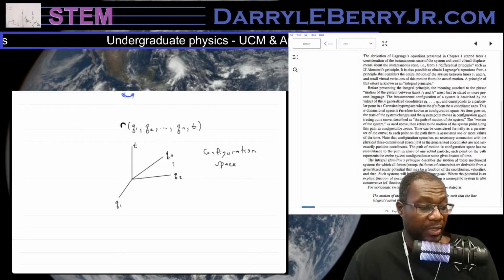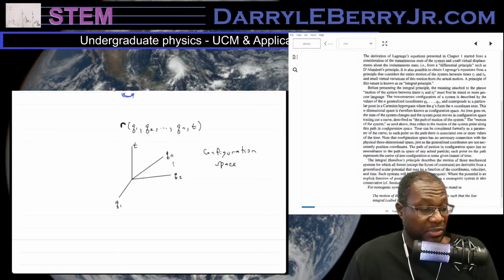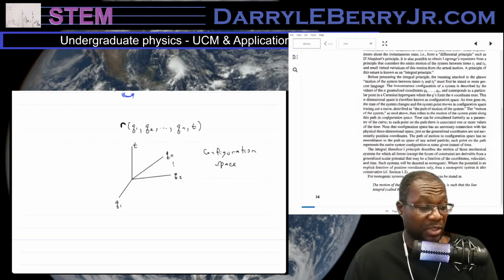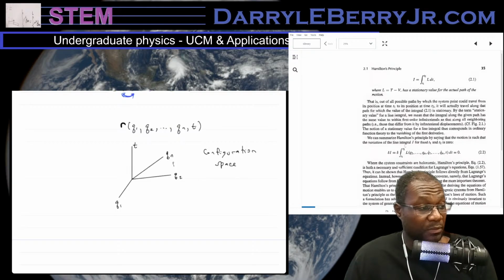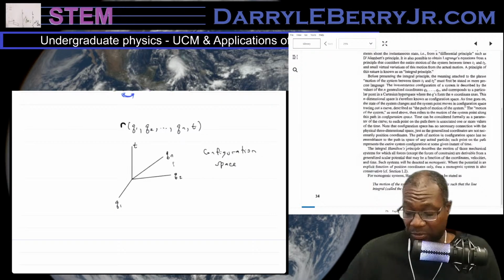Such systems will be denoted as monogenic. If the potential is an explicit function of position coordinates only, then a monogenic system is also conservative. For monogenic systems, Hamilton's principle can be stated as, so I remember her mentioning monogenic.